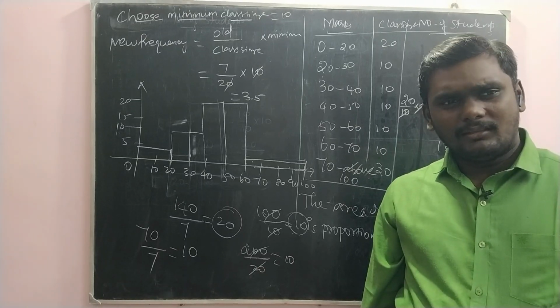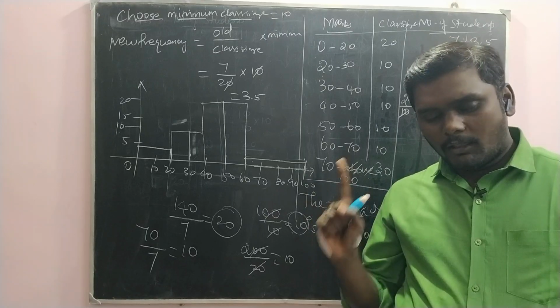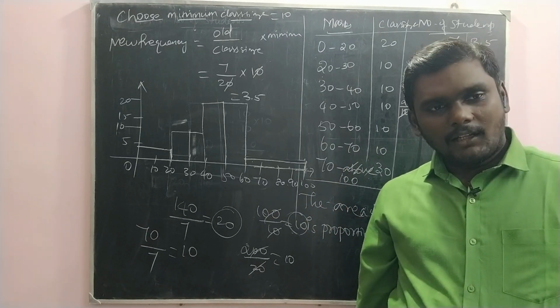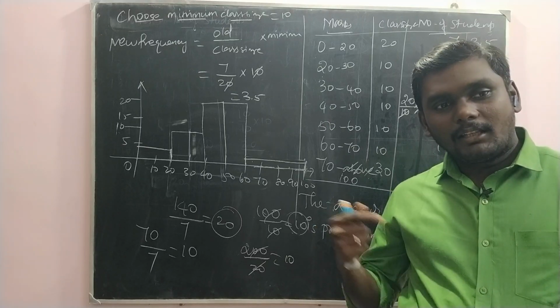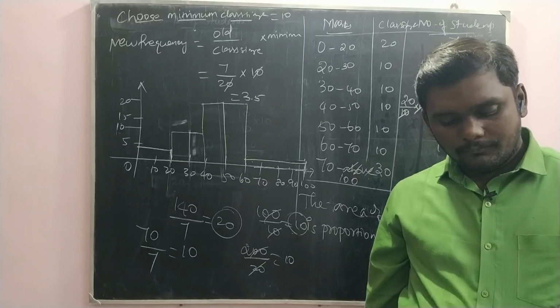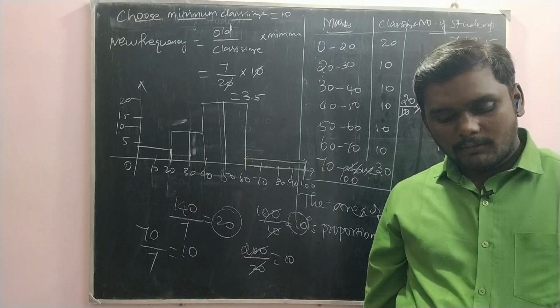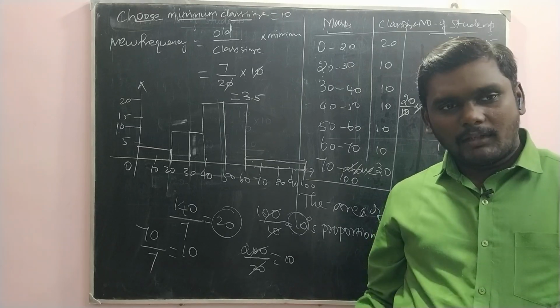No need of a broken line as well. 1 to 2. The class size of the first class interval is 1. Second class interval 2 to 3. The class size for that is again 1. Next class interval 3 to 5. What is the class size? 2. Likewise, 5 to 7 again 2. 7 to 10, 3. 10 to 15, 5.